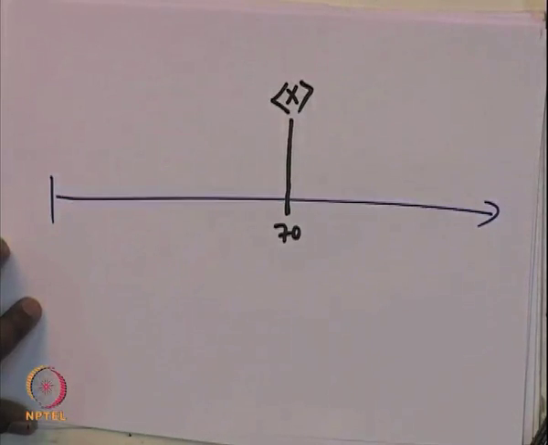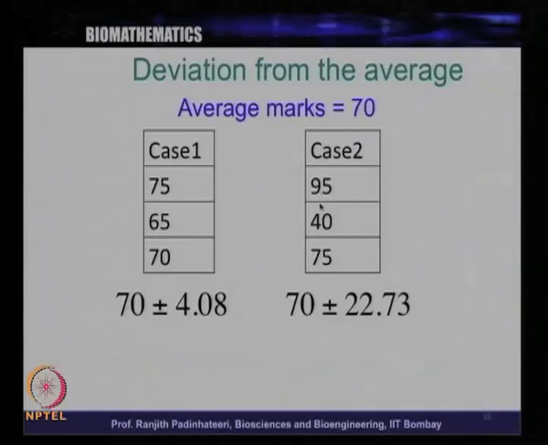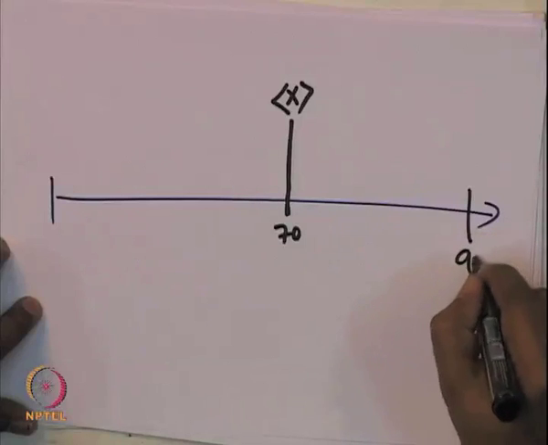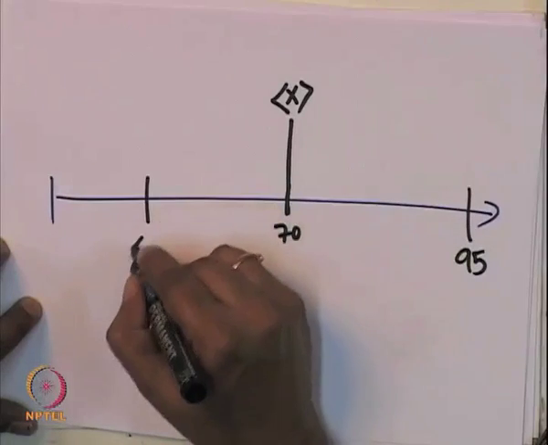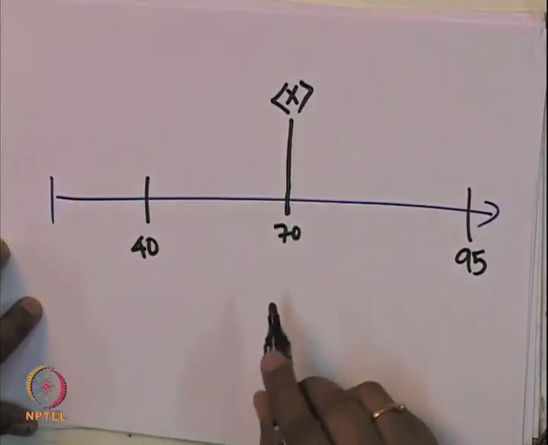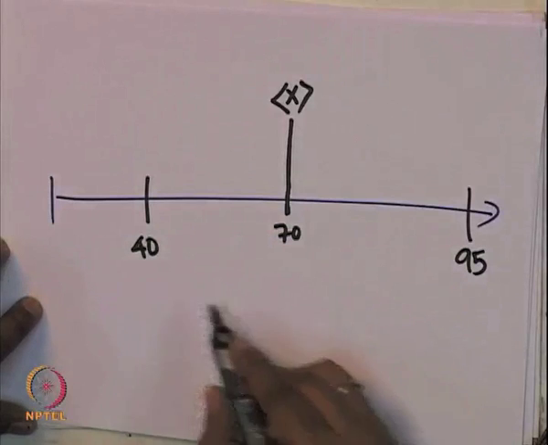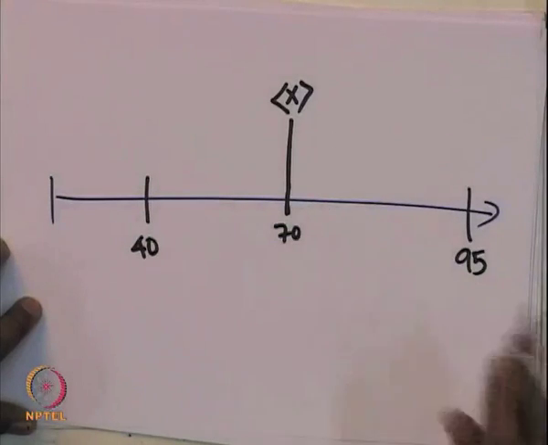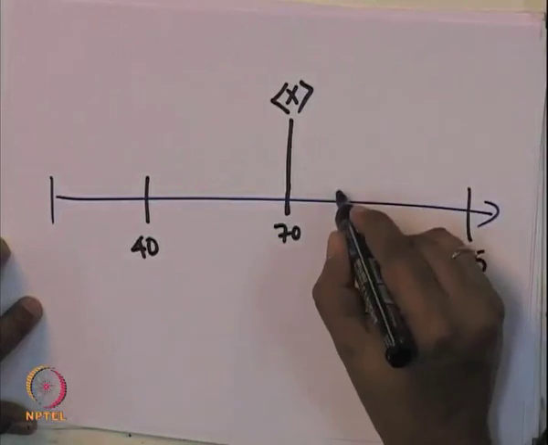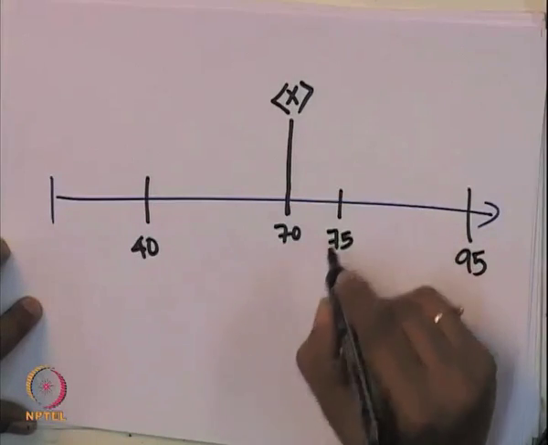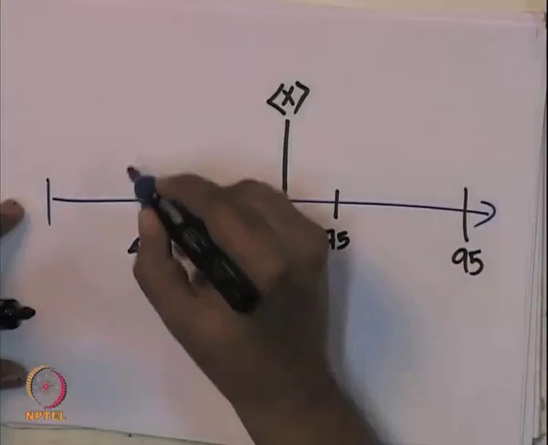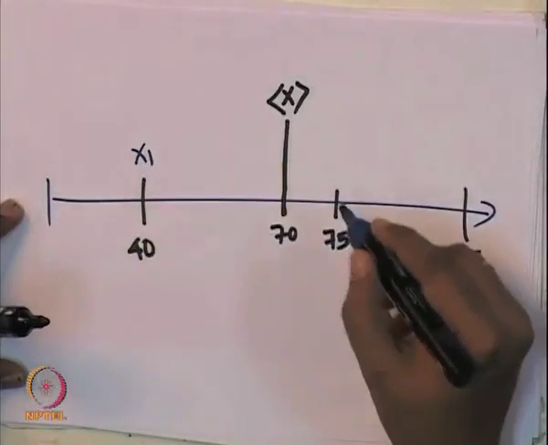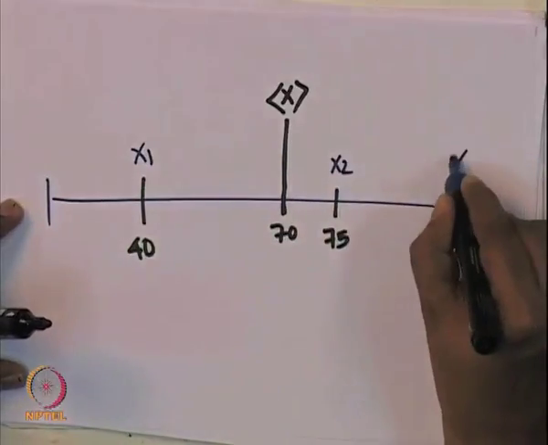Now look here, the next one is 95, which can be marked here, and the other one is 40, somewhere here. They are very far. And the other one is 75, which is here, pretty close. Let me call this x1, this x2, and this x3.